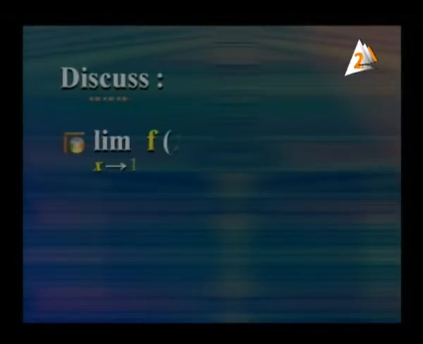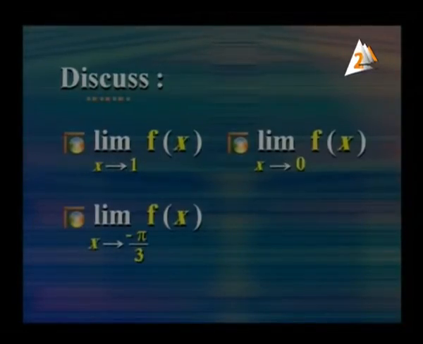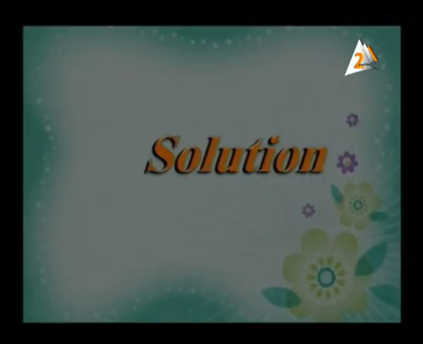Discuss limit f of x when x tends to 1, limit f of x when x tends to 0, limit f of x when x tends to negative pi over 3. Solution.